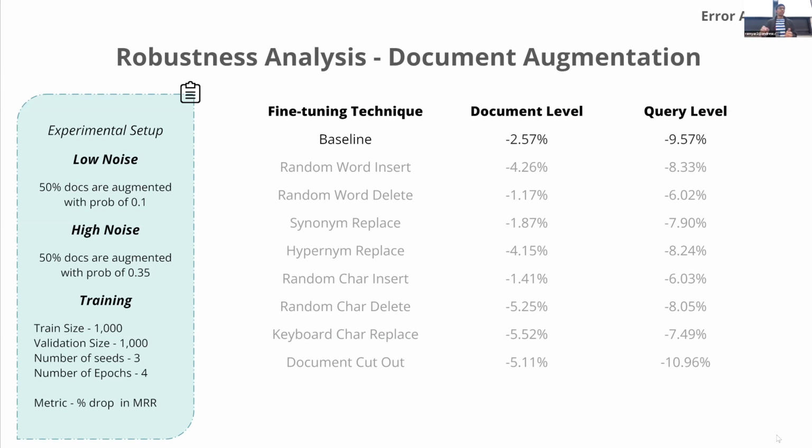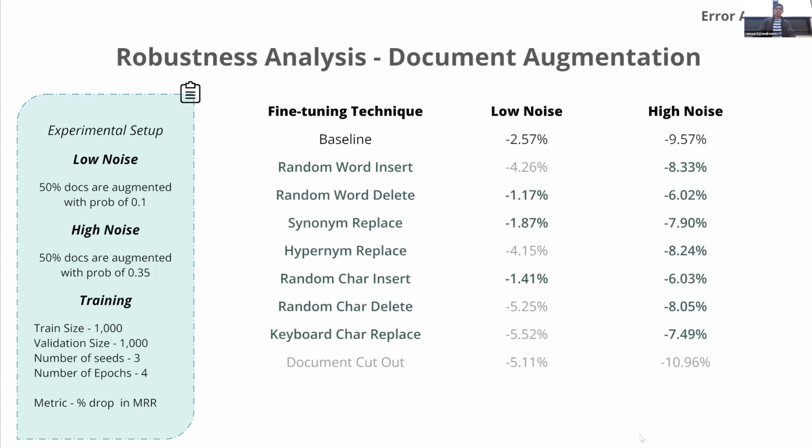In the low noise setting, we add noise to 50% of the documents or queries with a probability of 0.1. And in the high noise setting, we do that with a probability of 0.35. So basically we have four sets: one where we just corrupt the documents with low and high noise, and the others where we just corrupt the queries with low and high noise. What we observe on the document side is that in the low noise setting, a few of the models hold up, but the results are much better when we introduce more and more noise.